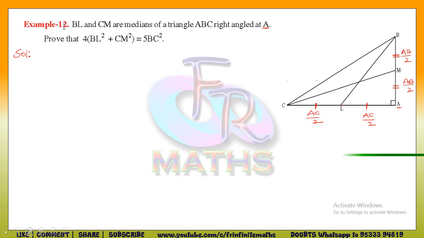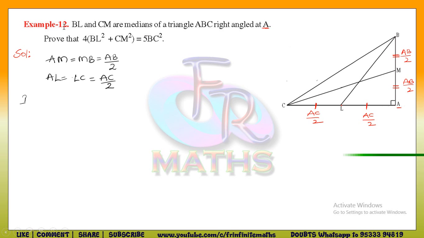Moving on to the solution. So what are the things that we have here? AM is equal to MB is equal to, directly I can write as AB by 2, and at the same time I can write AL is equal to LC is equal to AC by 2. By looking at the figure we can clearly say these two things.